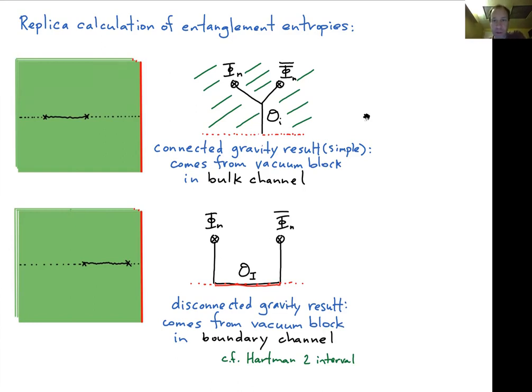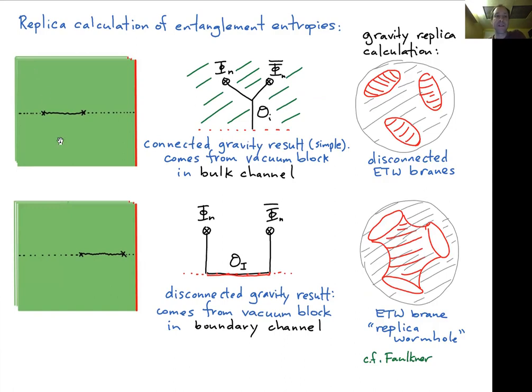Okay, and just one more quick thing that connects with some recent discussions. If instead of trying to do a CFT calculation, I just did this multi-sheet partition function calculation directly in gravity, then there's an interesting result.